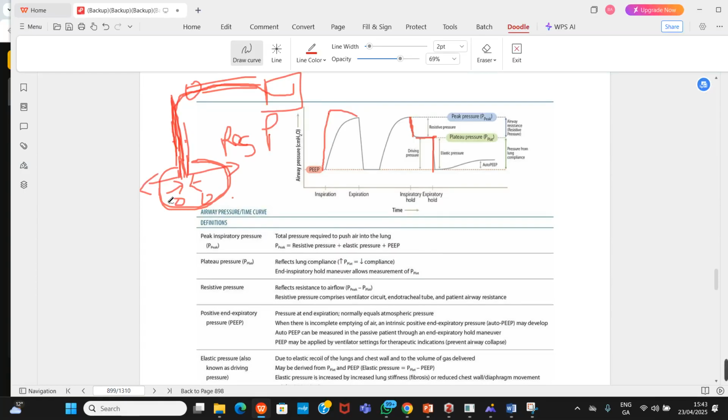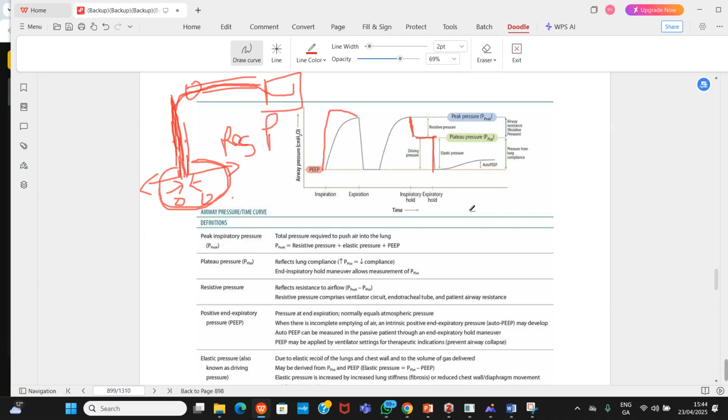No, you are not going to recoil. I'm going to get air into this place and you are going to stretch for me, move outwards. That is what we call the compliance pressure in a way. But it has another name. They call it elastic pressure because it is a pressure you are delivering to overcome elastic recoil. So that is elastic pressure.